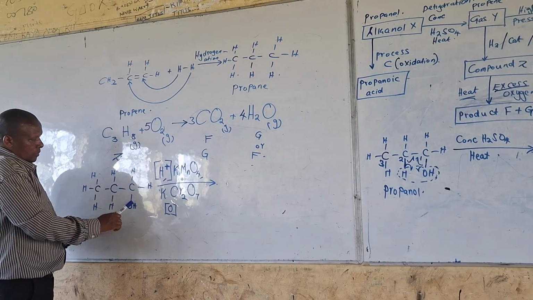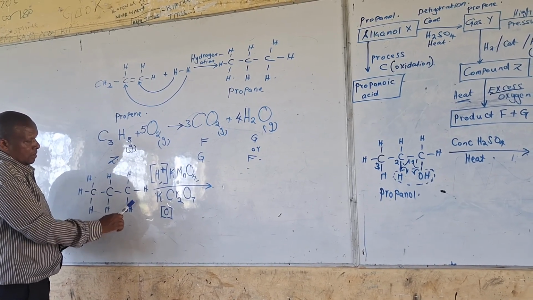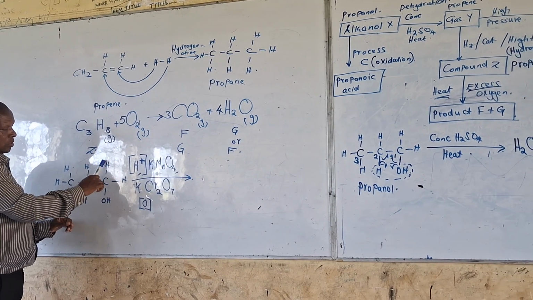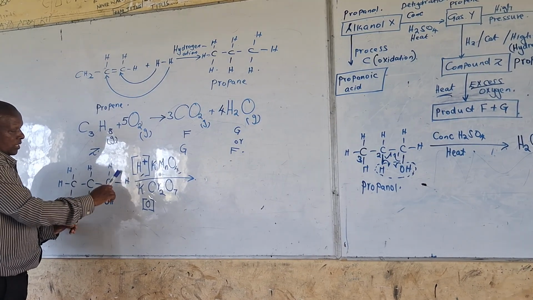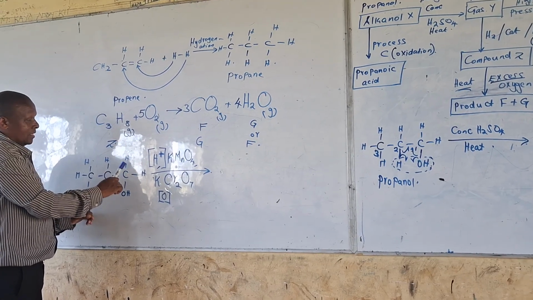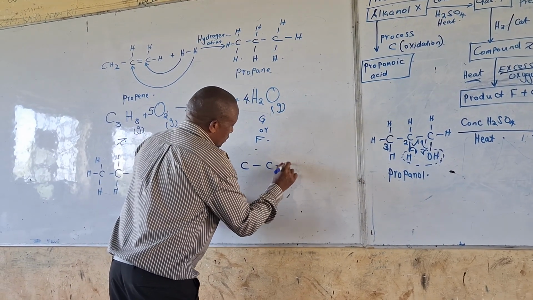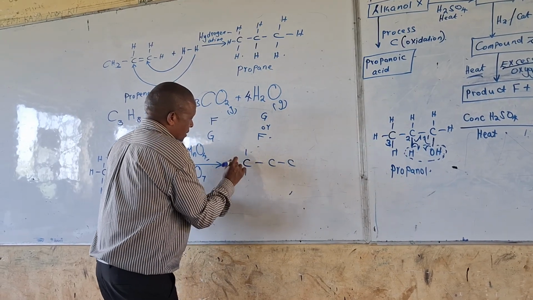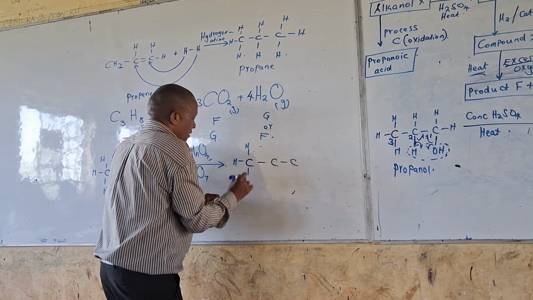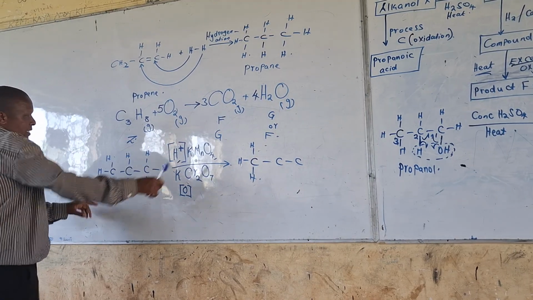So this OH will remain, but these two H will move out. You see the idea? So we'll have it like this. 1, 2, 3. Then here is not affected, so it will remain the way it is. This part has not been affected, that's why I've drawn it the way it is.